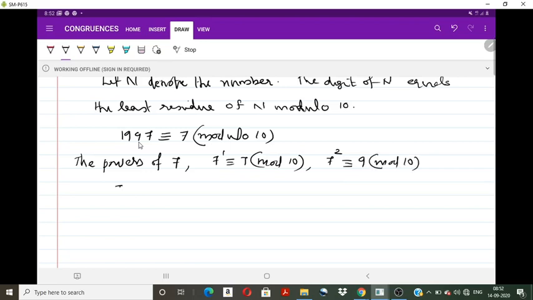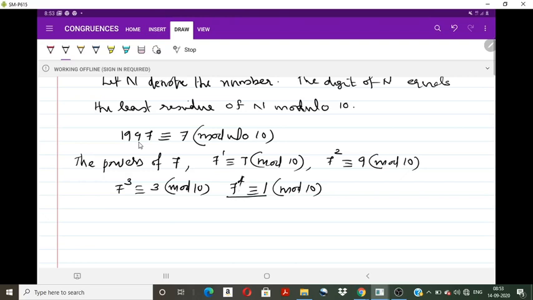Then 7 cube is 9 into 7, which is 63, so 3 will be the last digit, so congruent to 3 modulo 10. Then 7 raised to 4 is 3 into 7, so the last digit will be 1, congruent to 1 modulo 10. Now since we obtained 1 for the power 4, when we take the power as 4, it is congruent to 1.